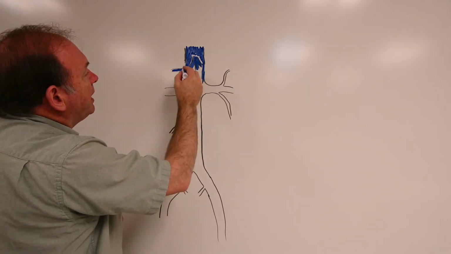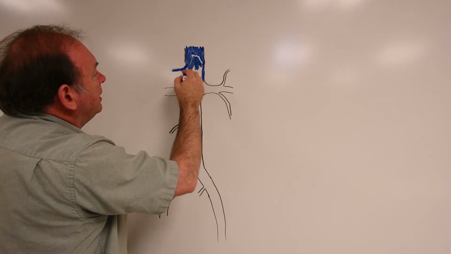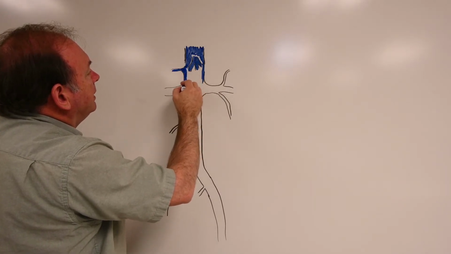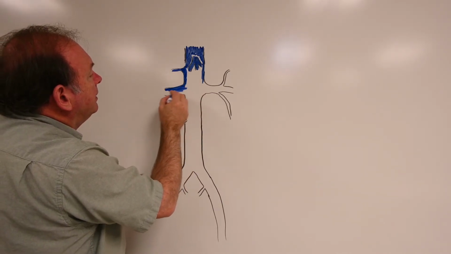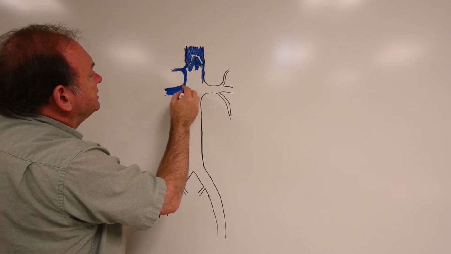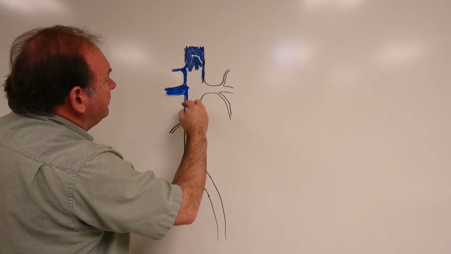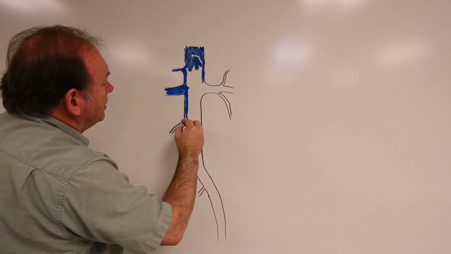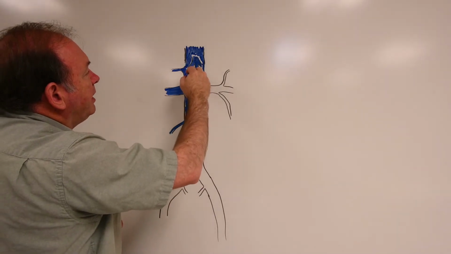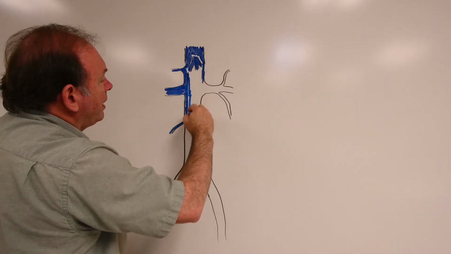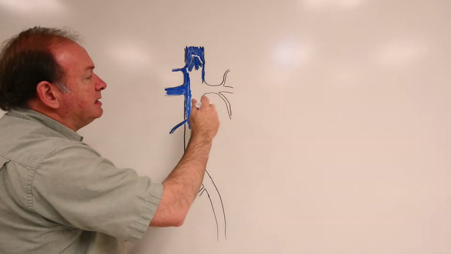On this side, we have a separate adrenal or suprarenal vein, and then a renal vein, and then down a little lower, we're going to have our gonadal vein. So that would be testicular in the male and ovarian in the female. On the other side, we see that they're kind of tied together.